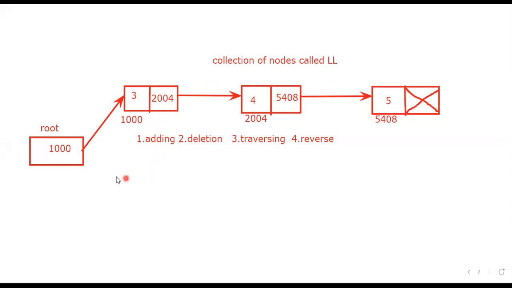Now, you can easily understand that if we want to add an element, we have a specific algorithm. Based on that algorithm, we need to follow it to add a node, not an element here, to add a node. So first of all, you should create a node. Then only it is possible to insert. After creating the node, we have to allocate the memory for that by using the malloc function.